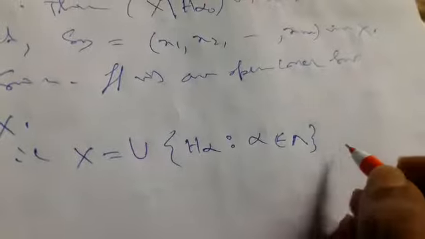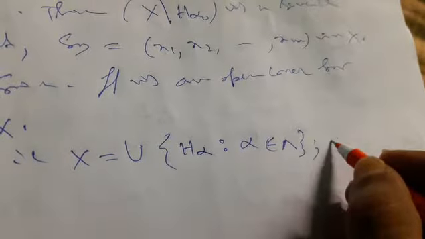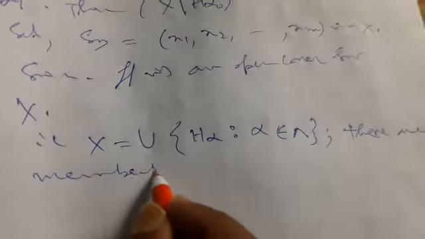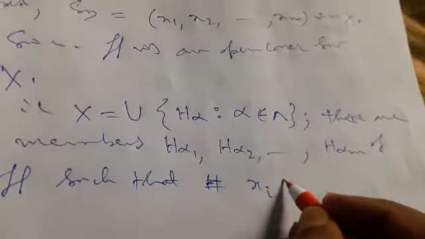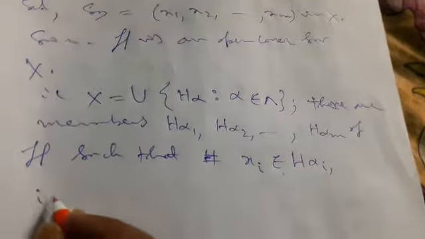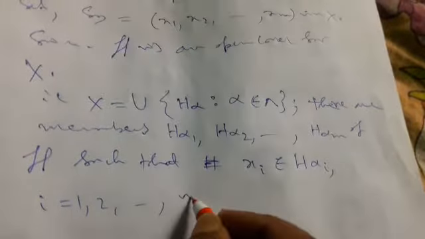So there are members H alpha 1, H alpha 2 up to H alpha m of script H such that xi belongs to H alpha i for i running from 1 up to m.